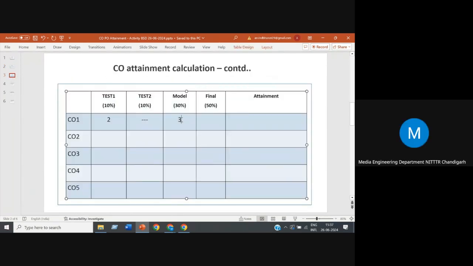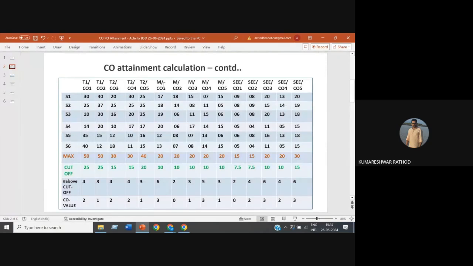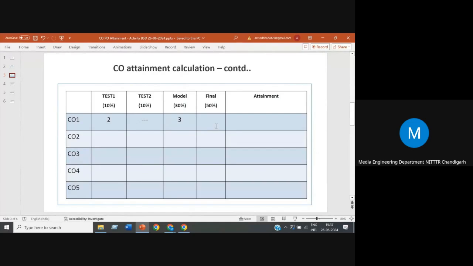Okay, so for final, what is CO1 attainment from the final? It is 0. Now overall attainment. So it will be 2 into 10%, that means 0.2.